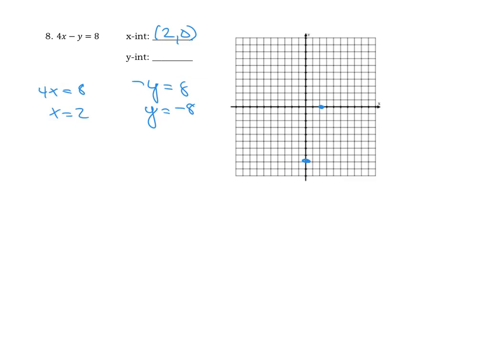So that's down here at negative 8, and that's 0, negative 8. And now that has this graph on. Now I would only use this method when both numbers in front of x and y, those are called coefficients, both of those numbers will go into the value that it's equal to, which is called the constant.